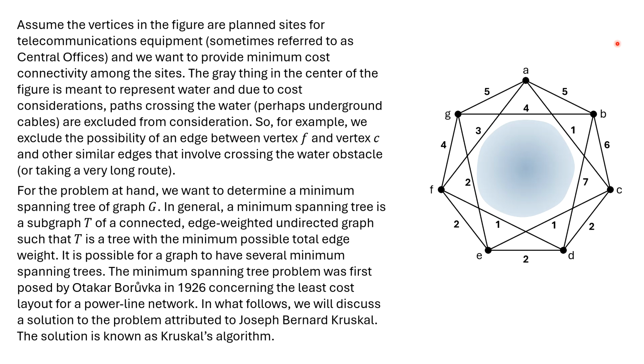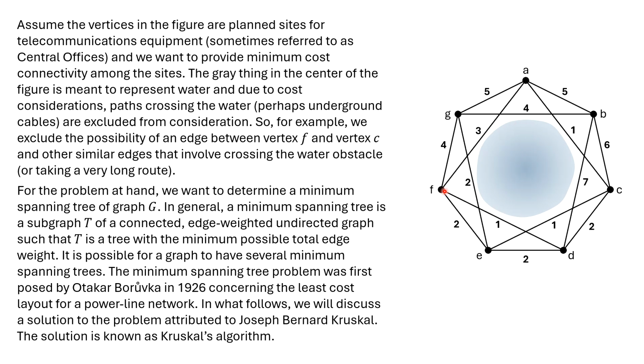I carried over our graph from the previous slide. Now I want to put some context to this. We're going to work on a particular problem. What we want to do is find something called a minimum spanning tree, which I'll describe in a minute. So assume the vertices in this graph are telecommunications equipment, and this thing in the center, this light blue grayish, is a pond.